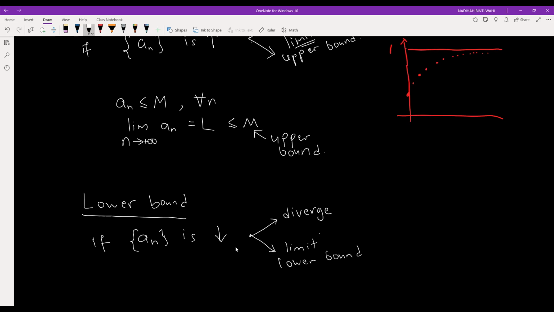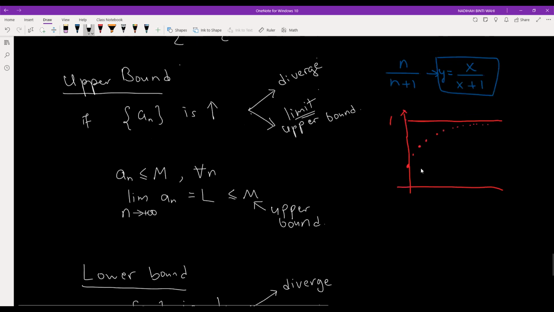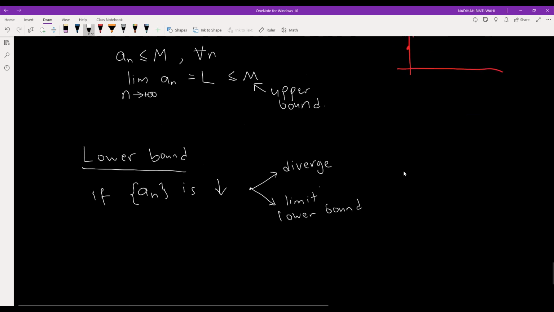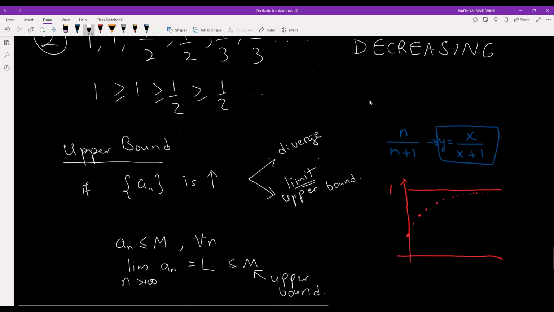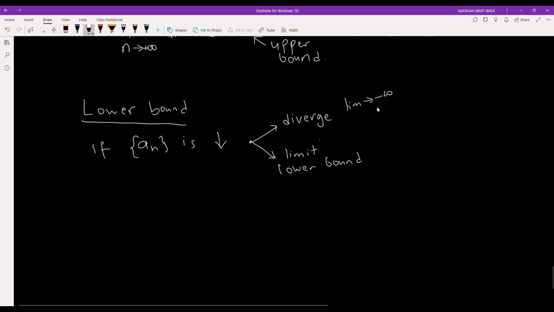So there are two possibilities. Diverge is the same thing: it goes to minus infinity because this is decreasing. Diverging before was going to positive infinity because that was increasing. Here it goes to negative infinity because this is decreasing, going to a really big negative number.